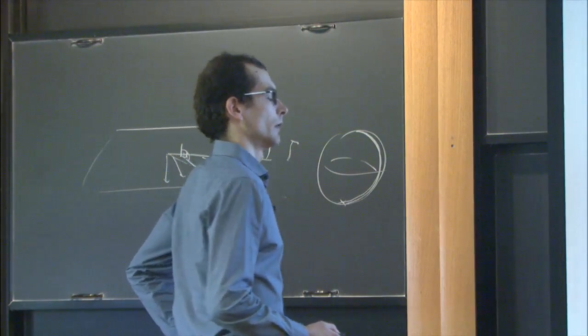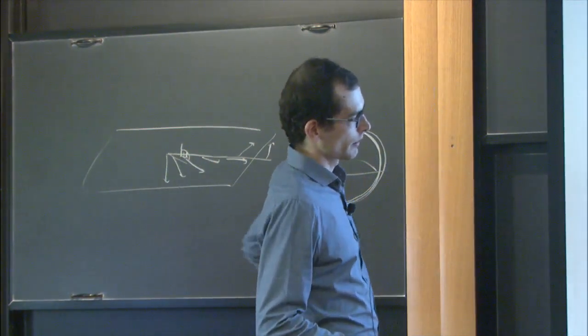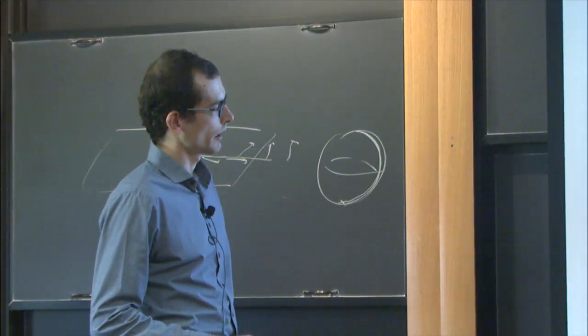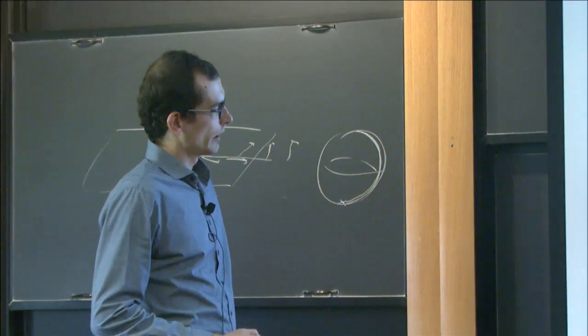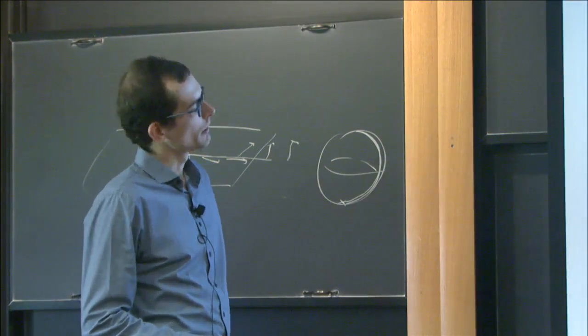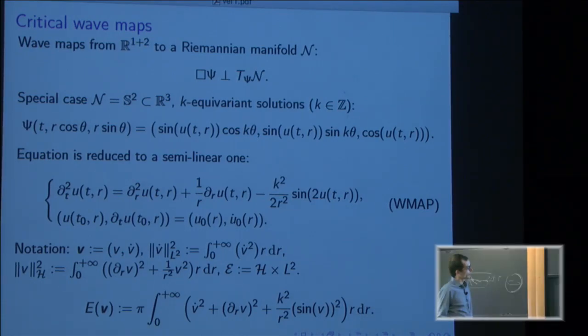And then I want to consider this in a functional space which I call the energy space, which is H cross L2. This is because the energy norm is the easiest to control, because we have this energy, which is a conserved quantity. And at some point we might want to pass to a limit. So that's why it's convenient to take this as a phase space.